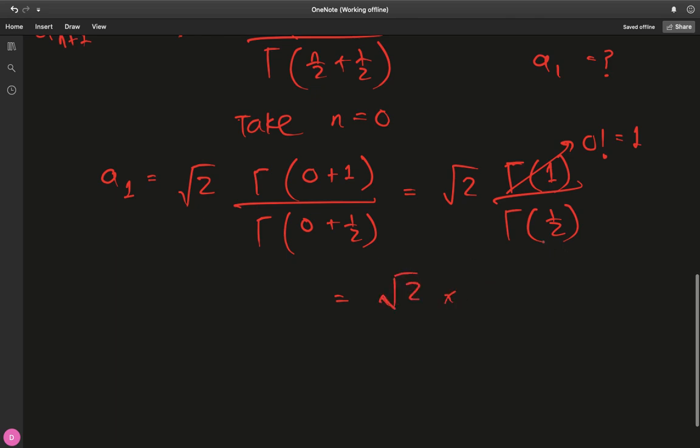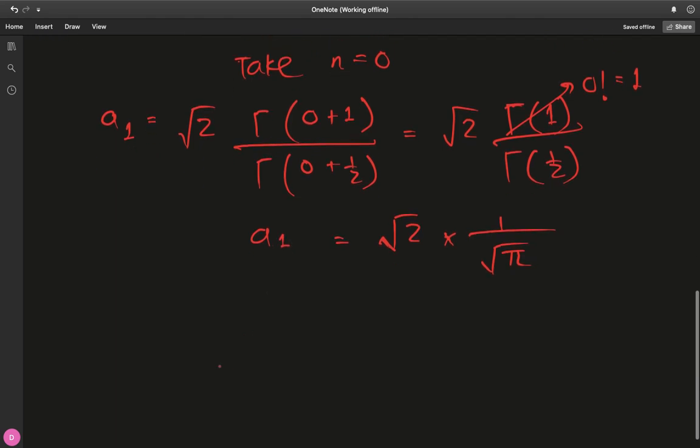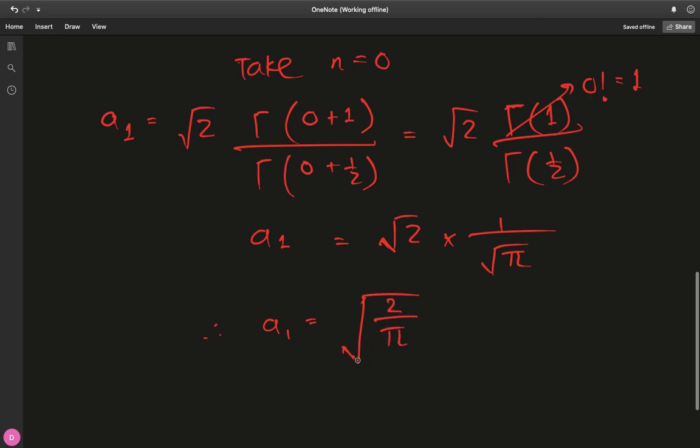And well, the gamma of half, I've made a bunch of videos relating the Gaussian integral to the gamma function. So the gamma of half is the entire Gaussian integral, which is just square root of pi. So that means a sub 1 is nothing but square root of 2 over pi if you take everything under a common root.